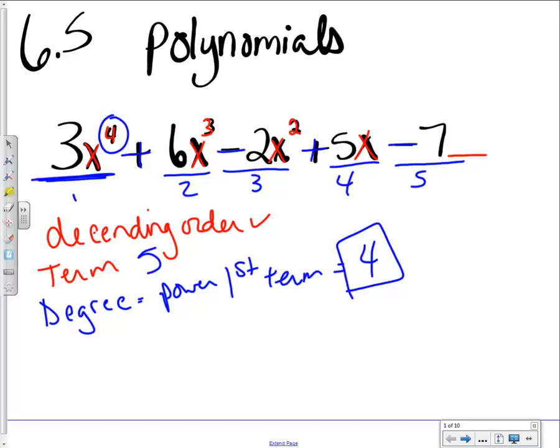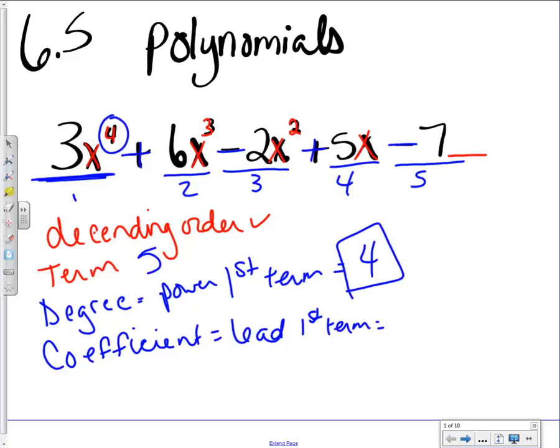The next thing I want you to see is what we call coefficient, C-O-E-F-F-I-C-I-E-N-T, coefficient. And if I say what is the lead coefficient of the first term? Well, this is what you wanted to do when I first started talking about descending order. You wanted to look at that number that was in the front.